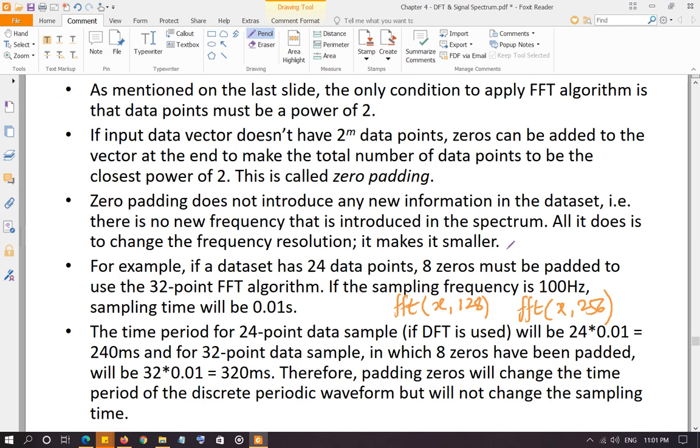Now if I ask you to use a 1024-point FFT, then of course, irrespective of how many points are in the original input signal, it can be 2 points only or 3 points, you're just going to do FFT of x comma 1024.